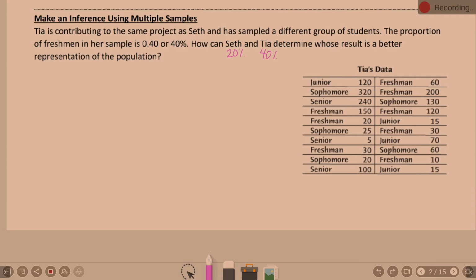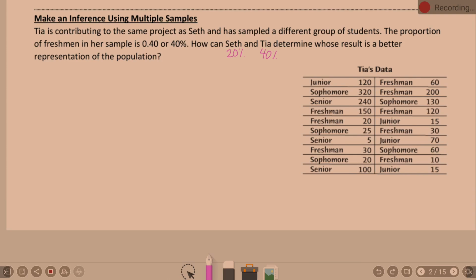We don't have the information to do Z-score. The percentage of the sample, like freshman, sophomore, junior, and senior, will be lower. Percentages for each grade will be lower. Right, but how does it help me to determine whose result is a better representation? Because it's more evenly distributed. Because what? It's more evenly distributed.